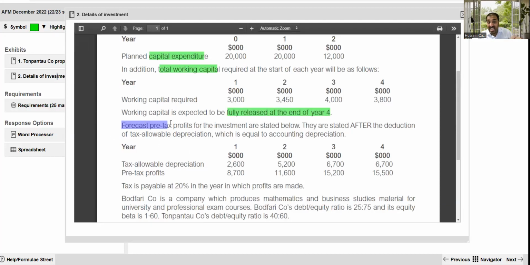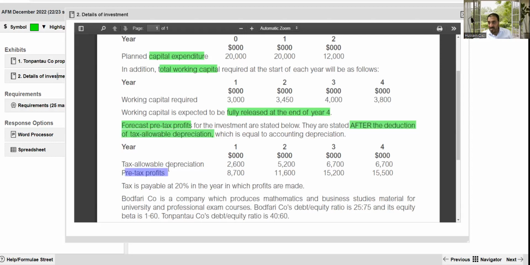Forecast pre-tax profits for the investment are stated below. They are stated after the deduction of the tax allowable depreciation, which is equal to the accounting depreciation as well.